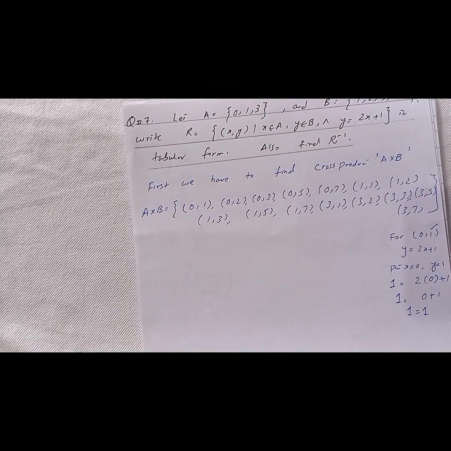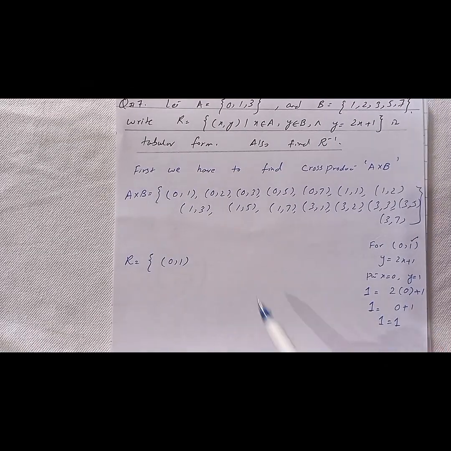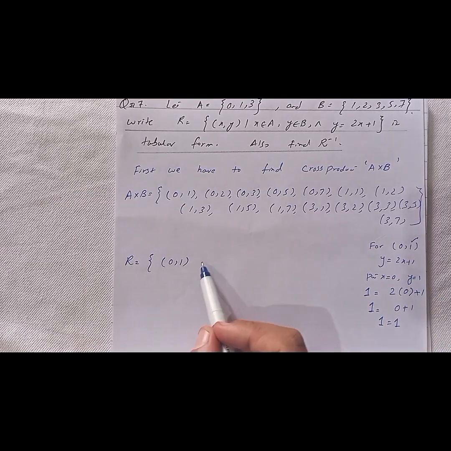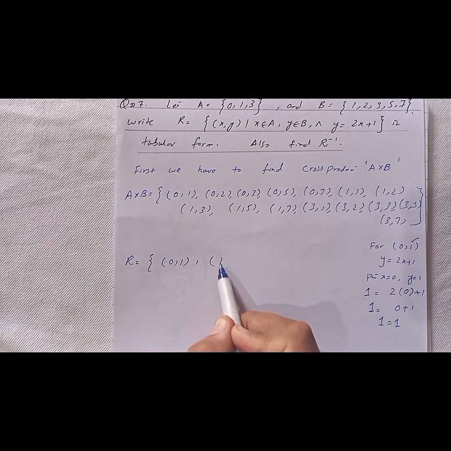So in tabular form we write R equals (0, 1). Similarly, we check each ordered pair. If I check the second ordered pair, (0, 2), and I put x equal to 0 and y equal to 2, then it does not satisfy the equation.